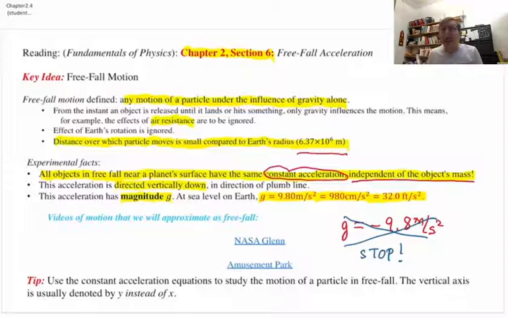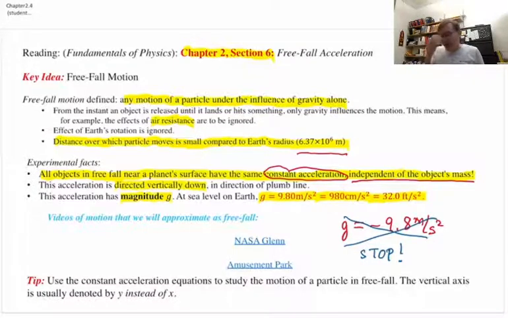Little g can never have a negative value because, by definition, it represents the magnitude of free fall acceleration. And the magnitude of a vector can never be negative, period, full stop. So watch out for that. That's a sign that something's not right. If you have to end up substituting g equals negative 9.8 to have your work make sense, then there's been a mistake somewhere earlier in your algebra.